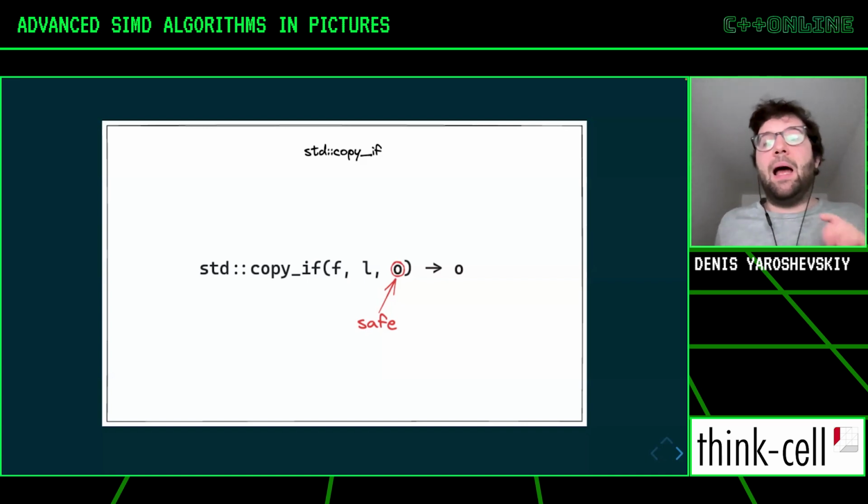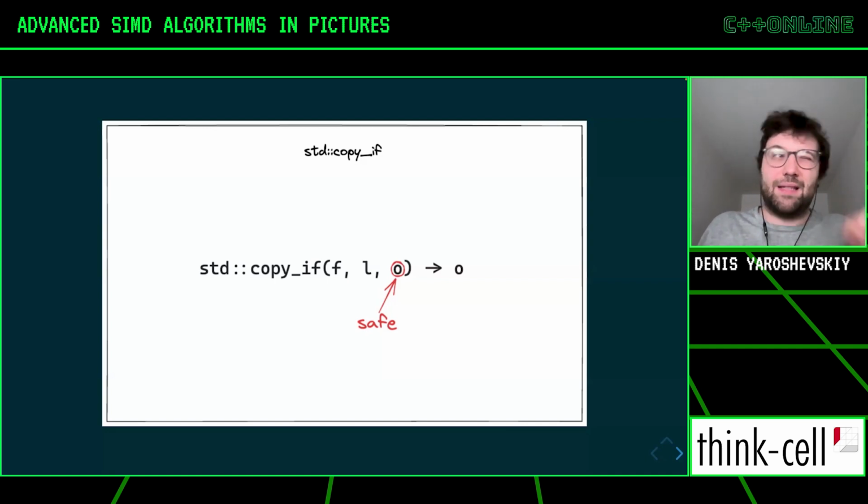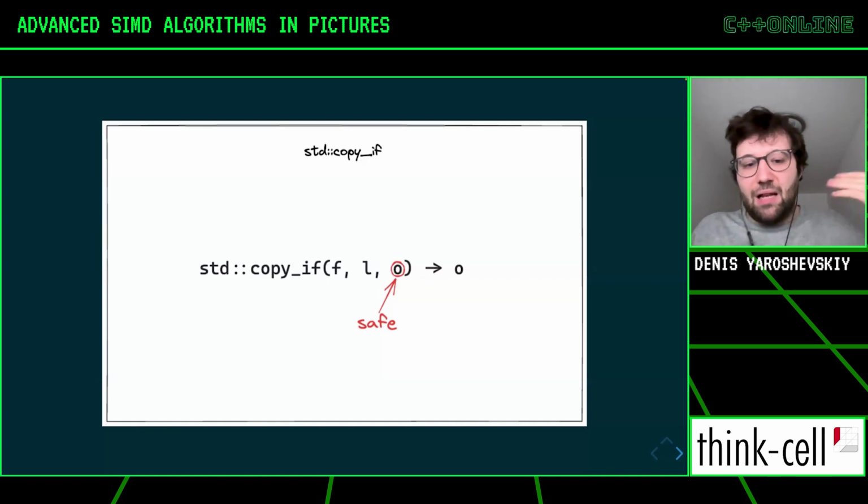I had the chance to ask about this Bryce Lelbach, who was at some point in charge of std::unseq, which is an attempt to put SIMD algorithms in the standard library. And he said that the idea there is that standard algorithms, unseq algorithms, are allowed to allocate.